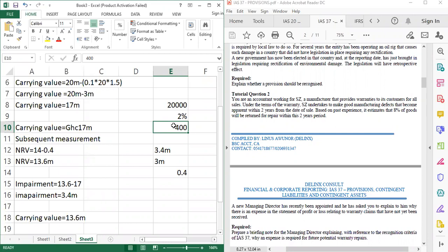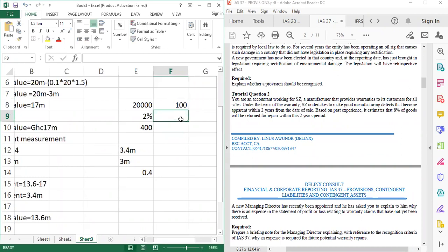But if you are taking it on an individual basis, so you have sold 100 goods to someone, and you are saying that there is a 2% chance that the person will return the goods, can you make provision for this? It's insignificant.